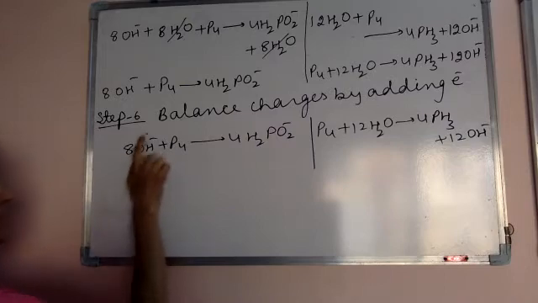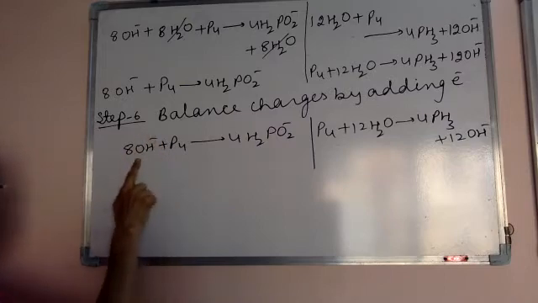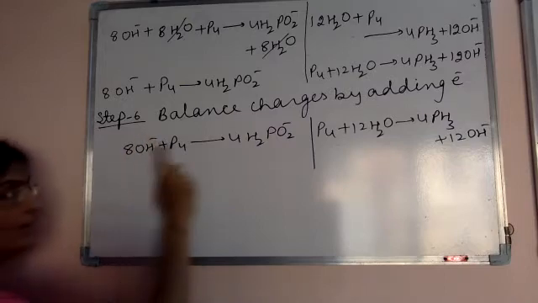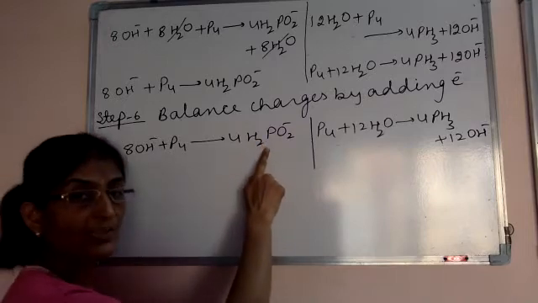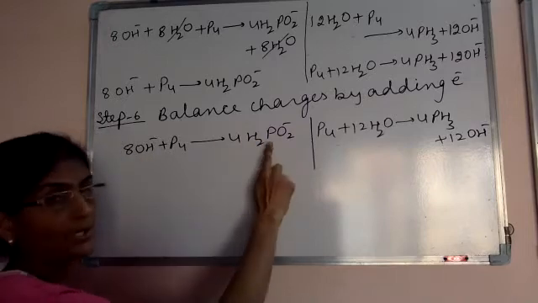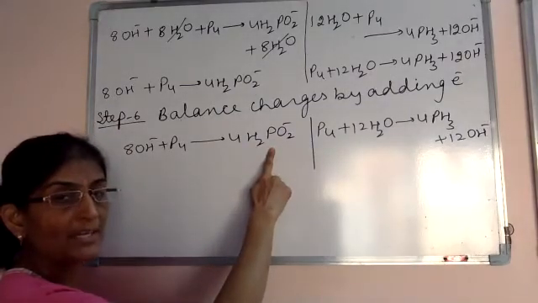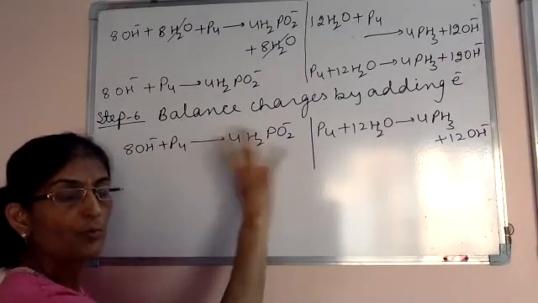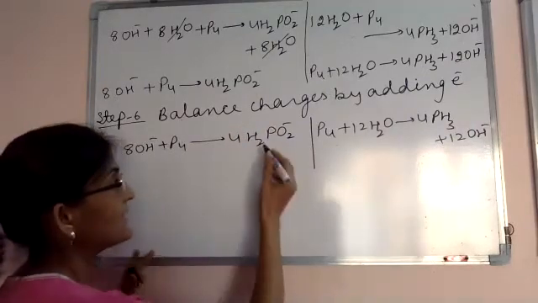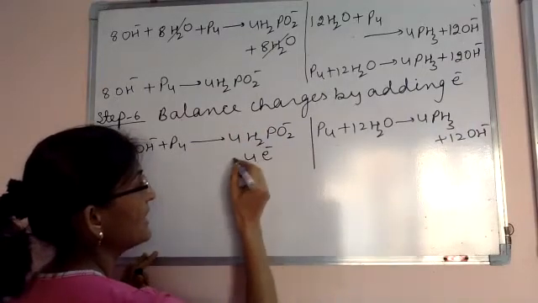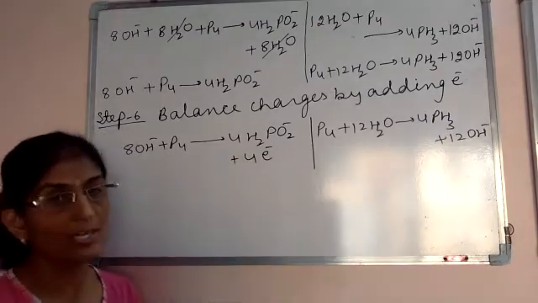Here the charge is minus 8 on one side and minus 4 on the other. How many electrons? The difference between minus 8 and minus 4 is 4. So we have to add 4 electrons on the product side, because it is oxidation and in oxidation electrons are lost.